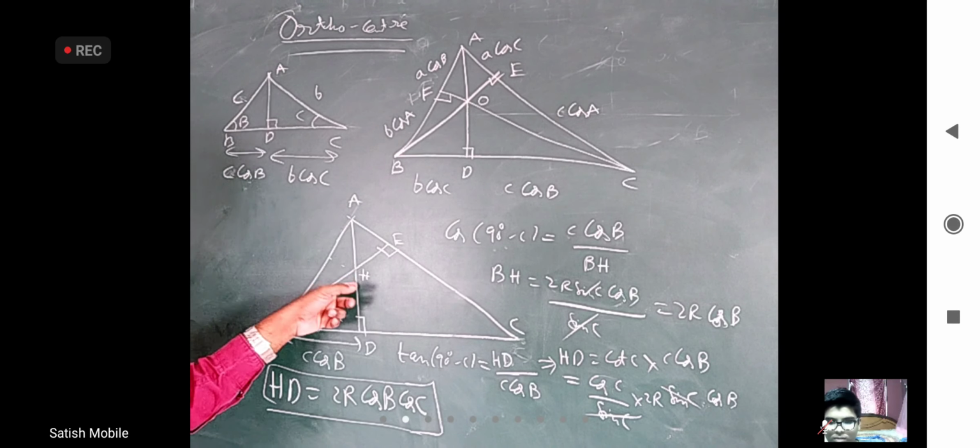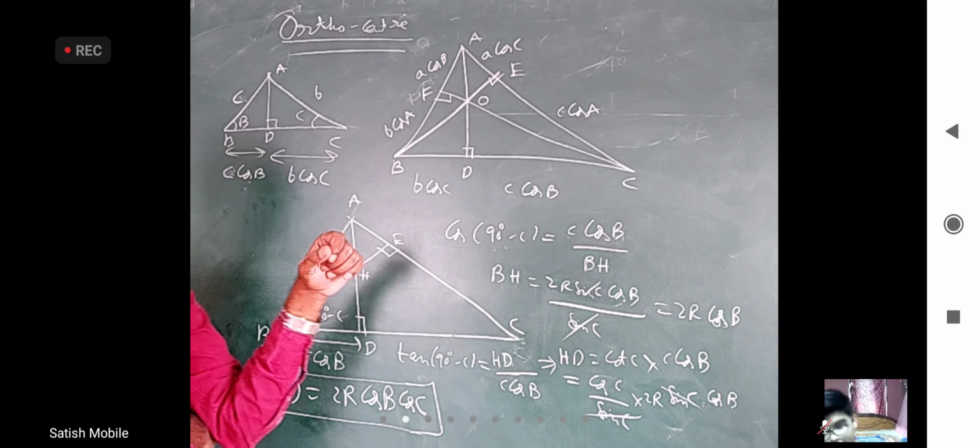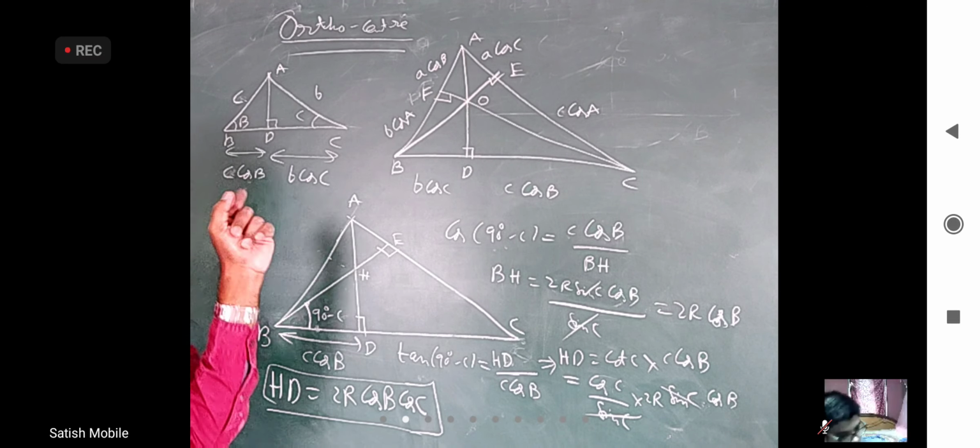Okay, so from orthocenter to each vertex we found the length, and from orthocenter to the perpendicular distance to each side we found the length.